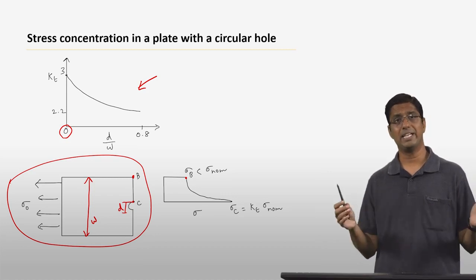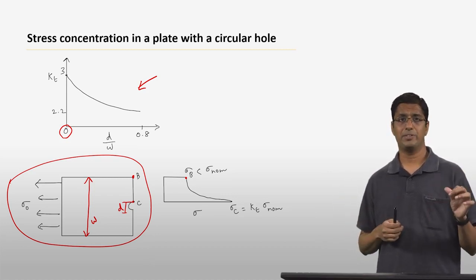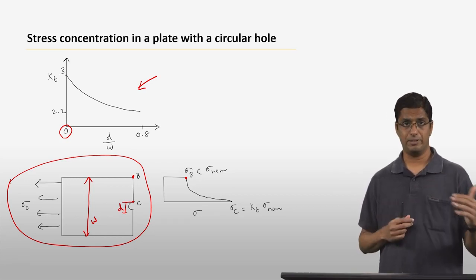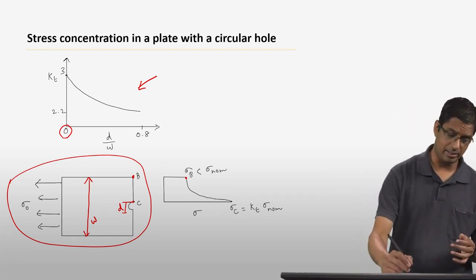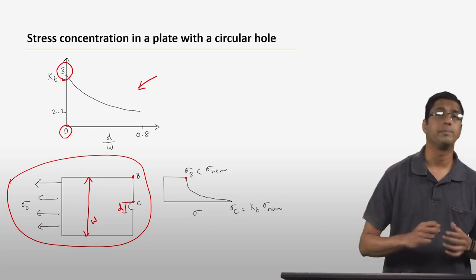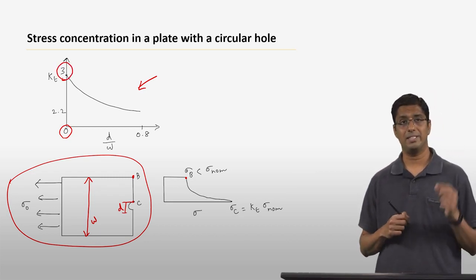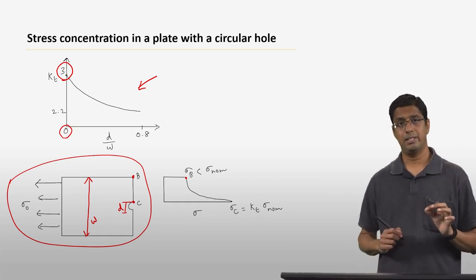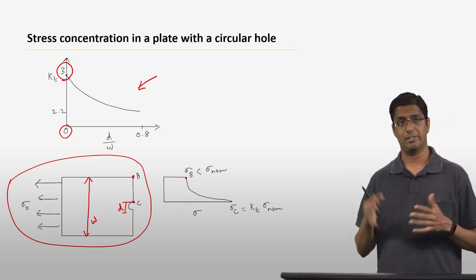Effectively, in cases where the diameter of the hole is much, much smaller than the width of the plate, you have a stress concentration factor of 3. What it means is that the stress at this point C is going to be 3 times the nominal stress along that cross section.